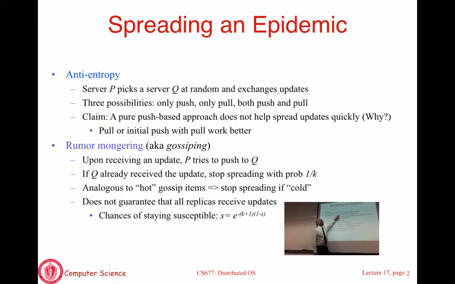One is a push-based protocol where P pushes all the updates it has seen to Q. Another is a pull-based protocol where P contacts Q and pulls updates, saying: what updates have you seen that I haven't? Send me those updates. And the third is that you do both. P pushes to Q whatever new changes it has seen and pulls from Q whatever new changes Q has seen. So you have both push and pull going on at the same time.